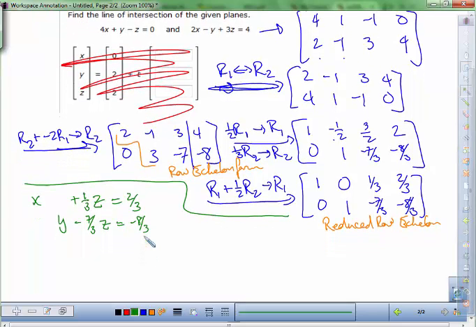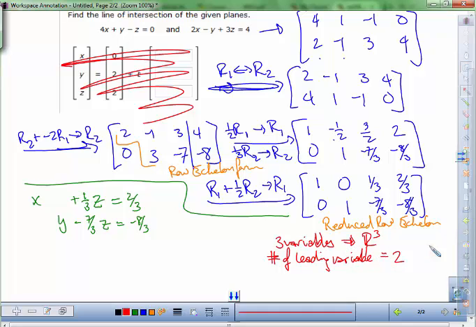Oh, by the way, we didn't talk about rank yet, but before we talk about rank, let me ask you, how many variables do we have? So we are in R3 with 3 variables. How many leading variables do we have? How many non-zero rows do we have?